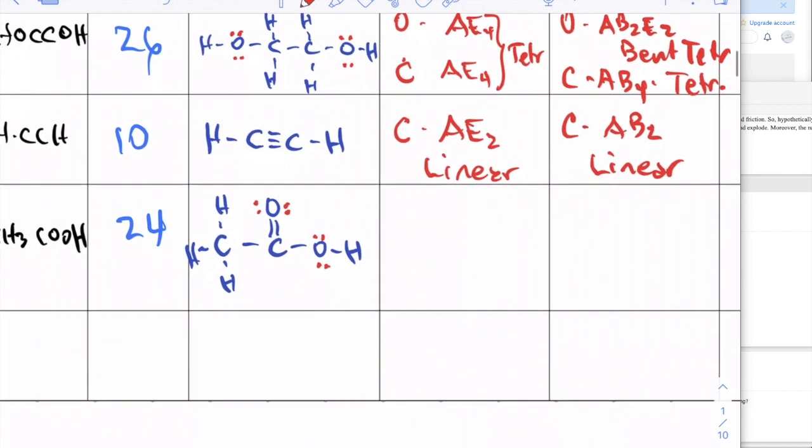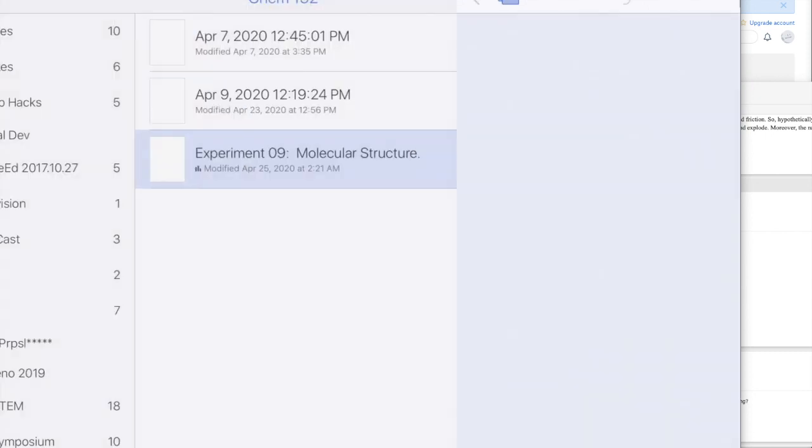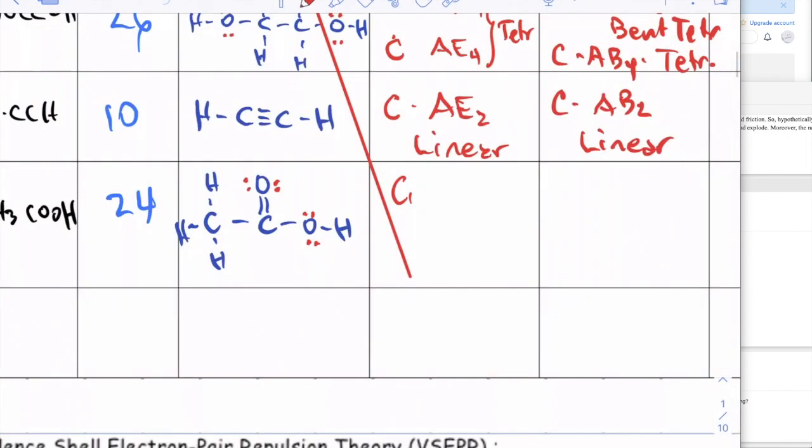And then finally, acetic acid, it has 3 central atoms, C1, C2, and O1, that's our O1 right here.